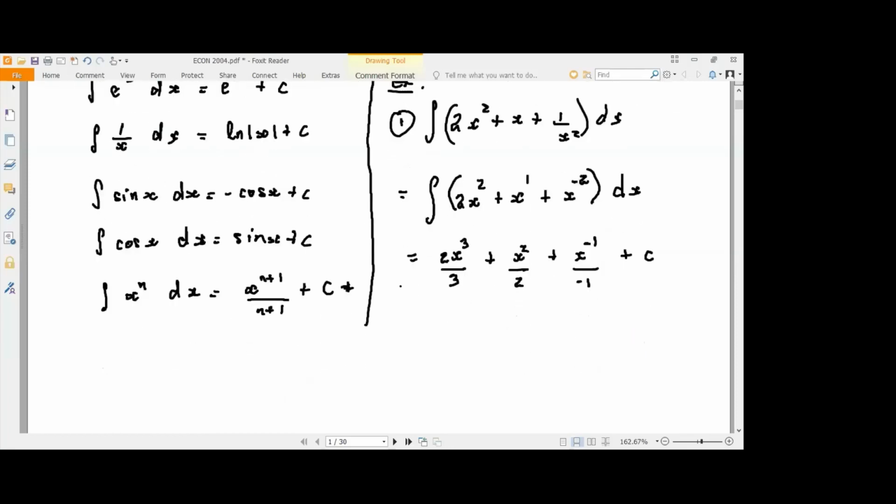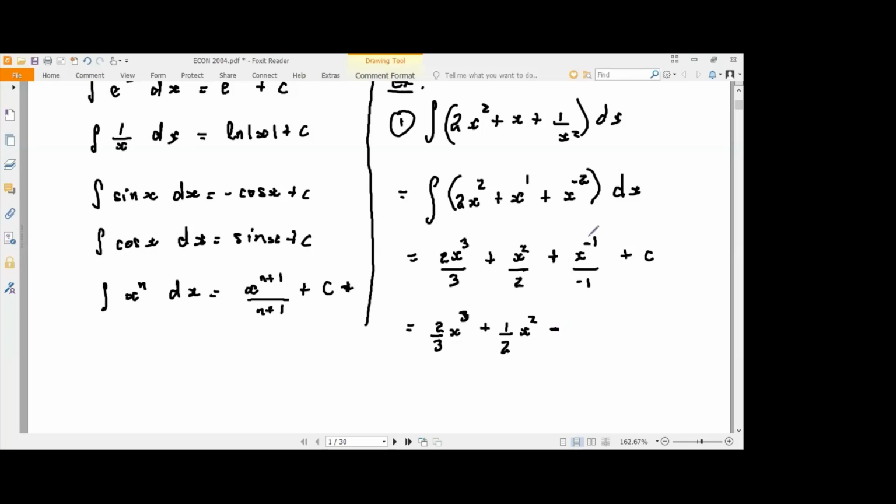Now we aren't finished, because we need to simplify. Normally I write the numbers at the front. So 2 over 3 x cubed, plus a half x squared. Because we have a negative here, this is a positive x to the minus 1 divided by a negative 1. Positive divided by negative gives you an overall negative, so I put that there.